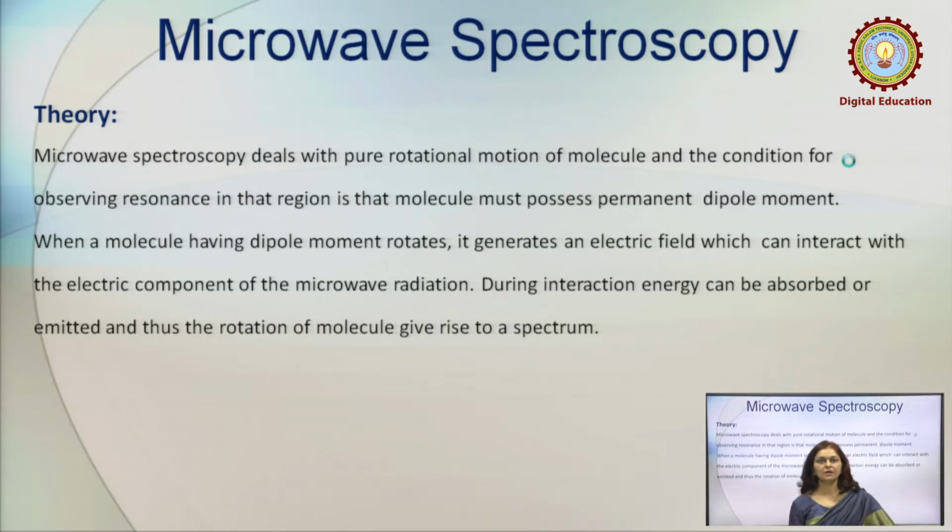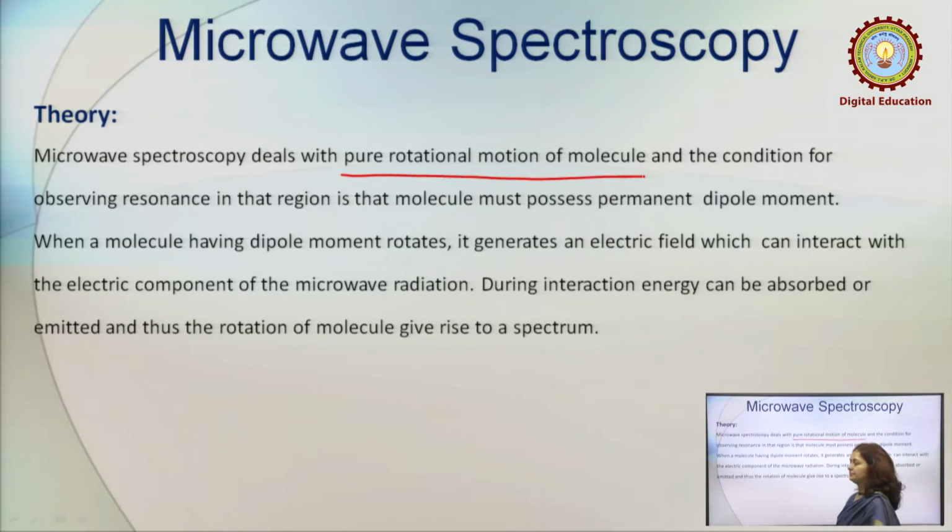Now come to the theory part or the principle of microwave spectroscopy. As we earlier discussed, microwave spectroscopy deals with the pure rotational motion of the molecules. In IR, both vibrations and rotations are observed.